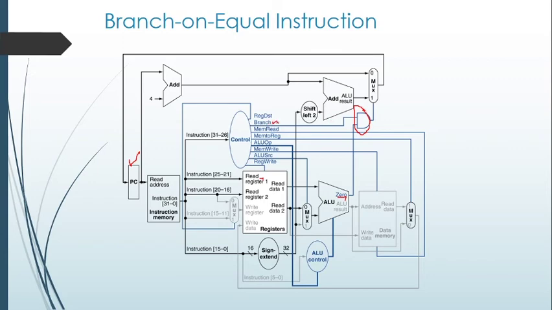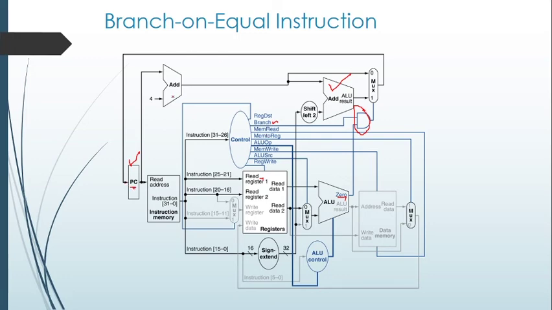For a branch instruction, this branch control signal is set to 1, and if both the condition and the branch signal are there, it will route this value back. This is the branch target address calculated by this ALU, and this data will be transferred back to the program counter for the branch equal instruction if the condition is true.